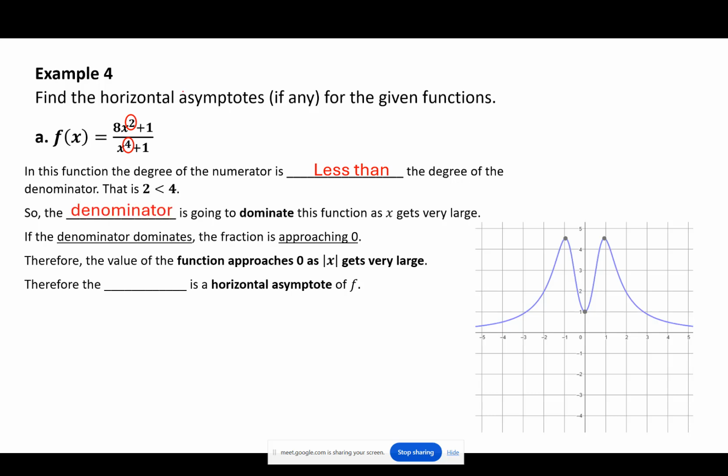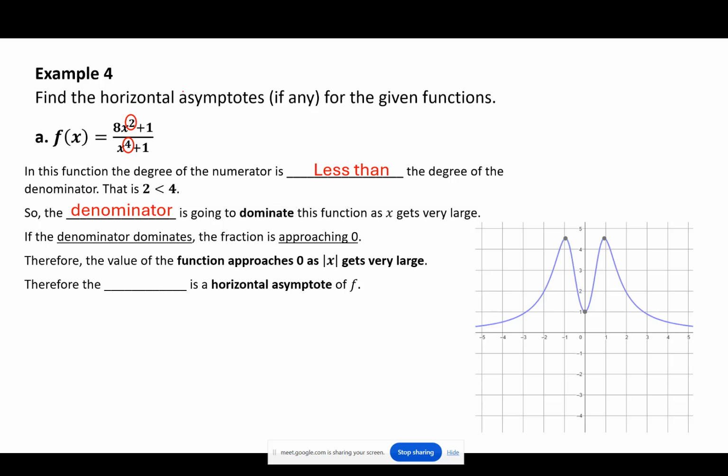That means that the denominator is going to dominate this function. Whatever has the highest degree is going to just take over as x gets really large. And so if the denominator dominates, the fraction is approaching 0. That means as the denominator gets really, really big compared to everything else, that fraction is getting tiny, because like 1/1,000,000th is a tiny, tiny fraction.